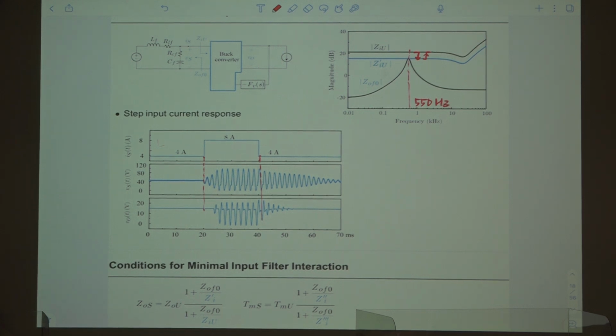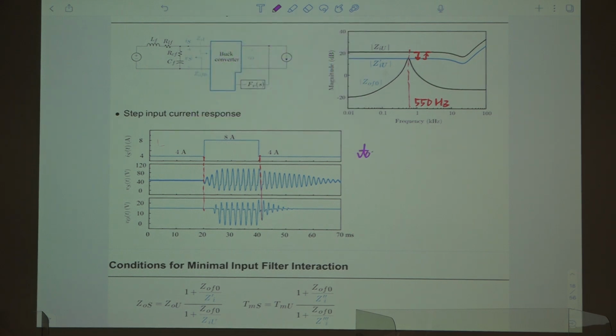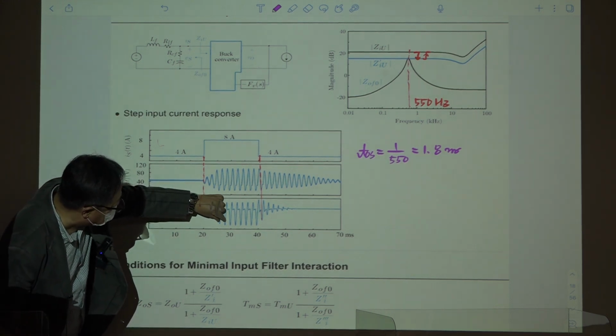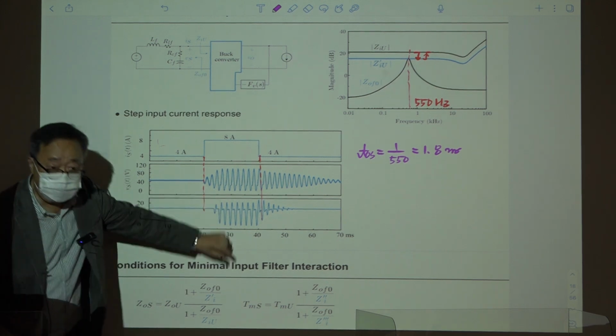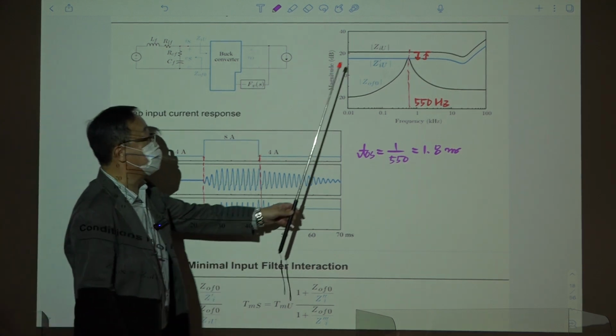Then the period of oscillation, T_OS, is 1 divided by 550, which is 1.8 milliseconds, right? If you take a close look, this distance is very similar to 2 milliseconds. So the oscillation occurs at this frequency.